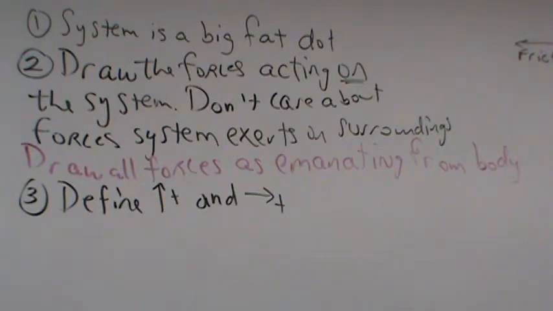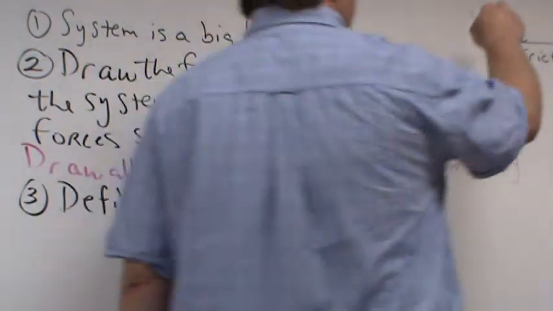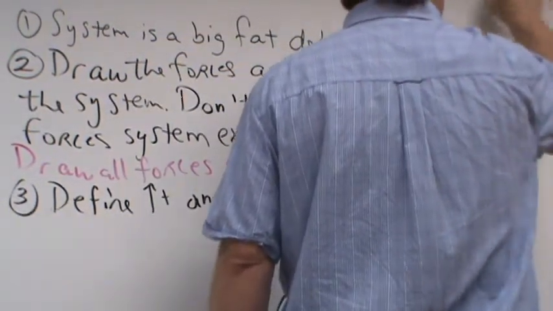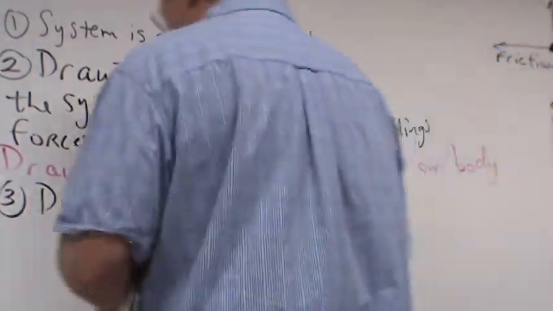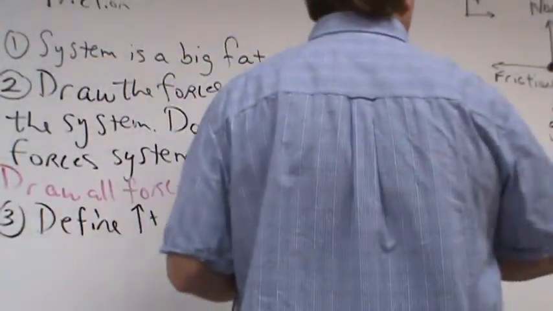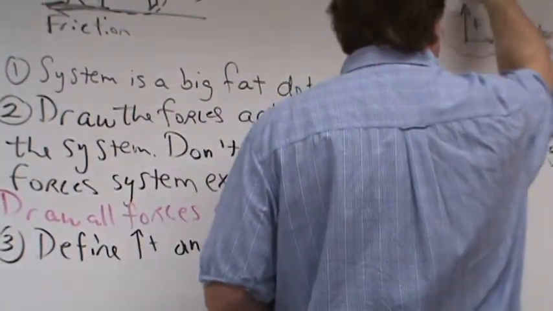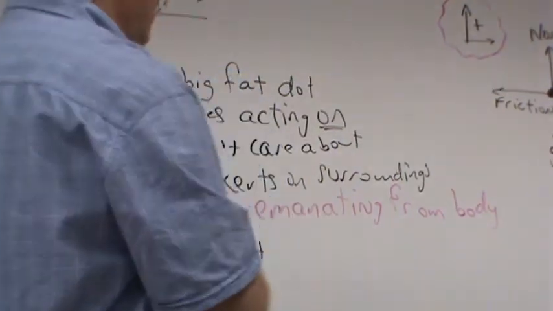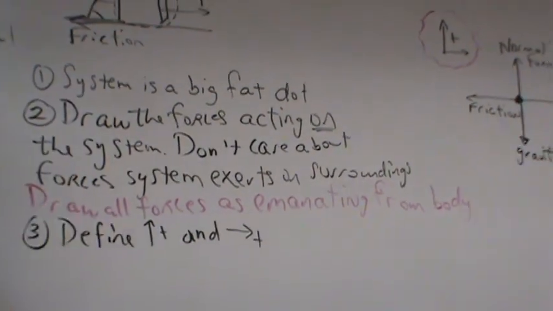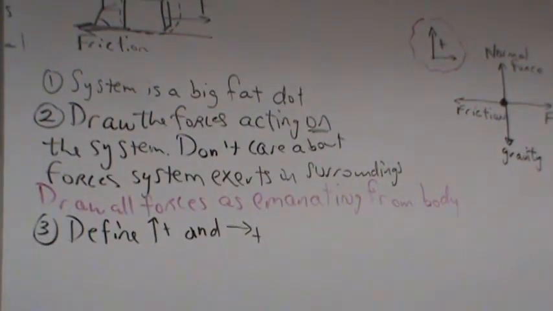But unlike kinematics, where we pretty much always defined up as positive or right as positive, with free body diagrams, you'll see more frequently you'll want to define down as positive or some weird angle as positive, even for inclined plane problems. So I'm going to want to see that you know which direction is positive. And normally, I just put it in a little cloud off to the side. Just tells the world, hey, up is positive and to the right is positive.